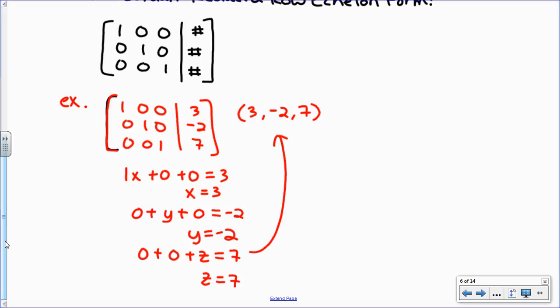We don't have to have it look like this. So our goal is going to be to triangularize.